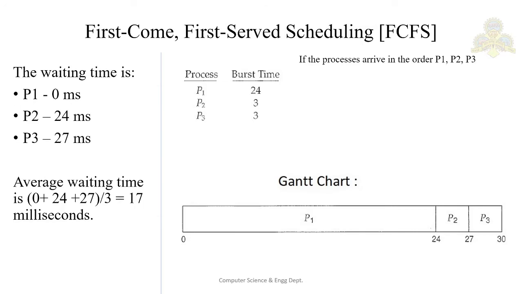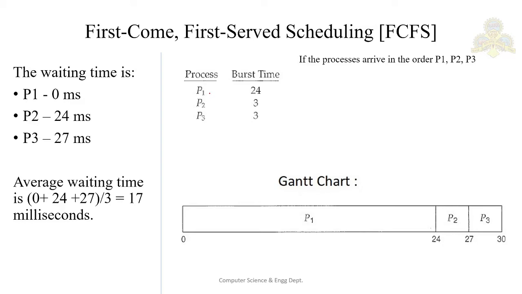So we'll consider the following set of processes, that is P1, P2, and P3. They have arrived at time 0 and they have burst times of 24, 3 and 3. They have come in the order P1, P2 and P3. Burst time is nothing but the time required for the process to get executed.